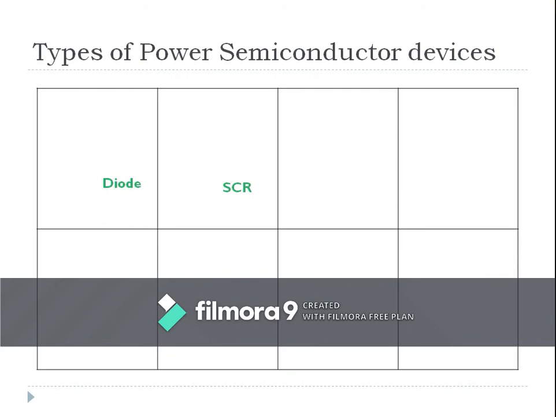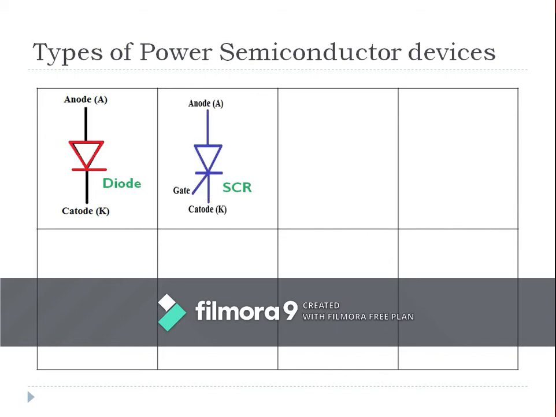Now we'll see the different types of power semiconductor devices available. The first one is the diode. As we know, a diode is a 2-terminal device having anode and cathode terminals. Next, the power device SCR, silicon control rectifier, came into the picture, which has 3 terminals: anode, cathode and gate.